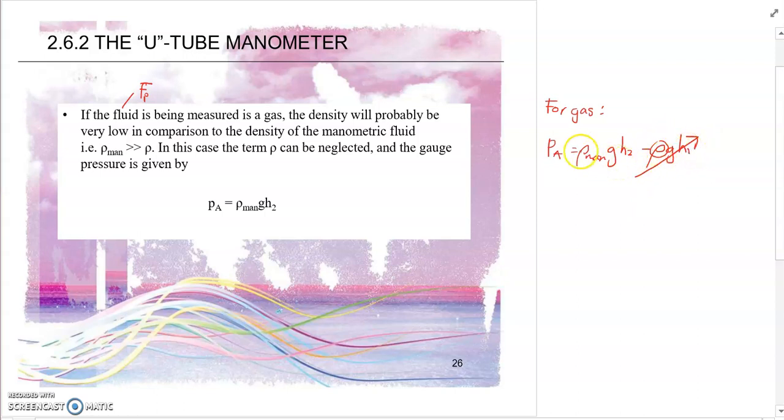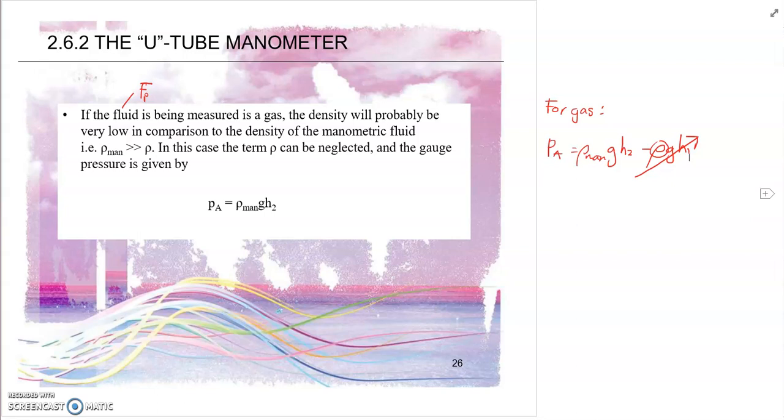So for gas, PA is equal to rho manometric multiplied by G multiplied by H2. That is the first case, where you will have a positive pressure.